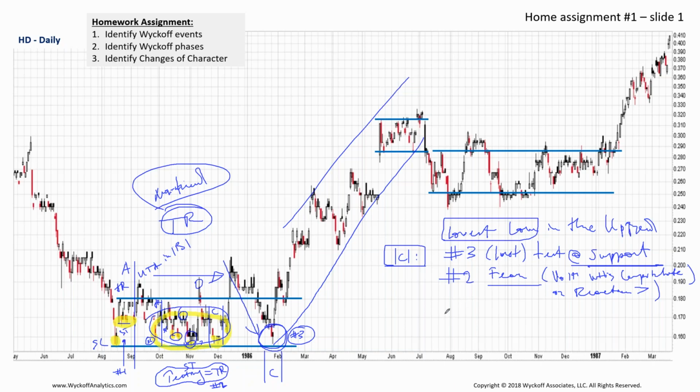We also said that there are some characteristics for phase C that we need to understand. We definitely know that the reaction should have some kind of bullish signs, and Rama has mentioned those.